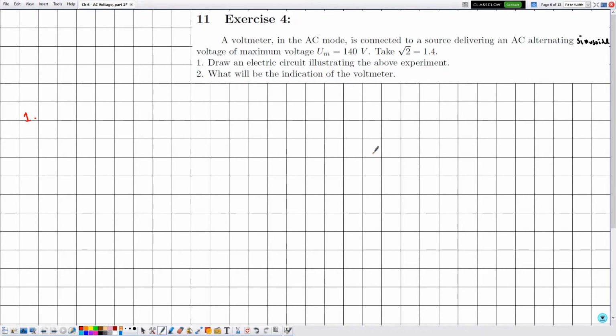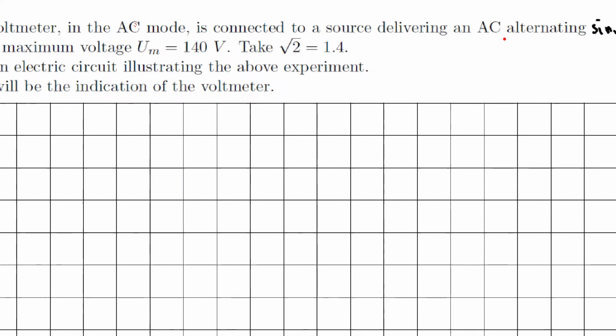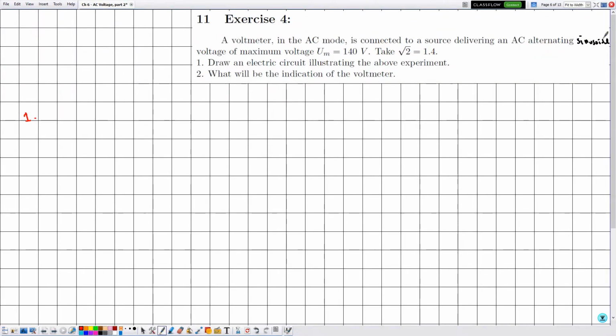So the electric circuit consists of two components: the voltage source delivering an AC sinusoidal voltage, and the voltmeter. So it only consists of two electric components, the voltmeter and the AC alternating sinusoidal source.